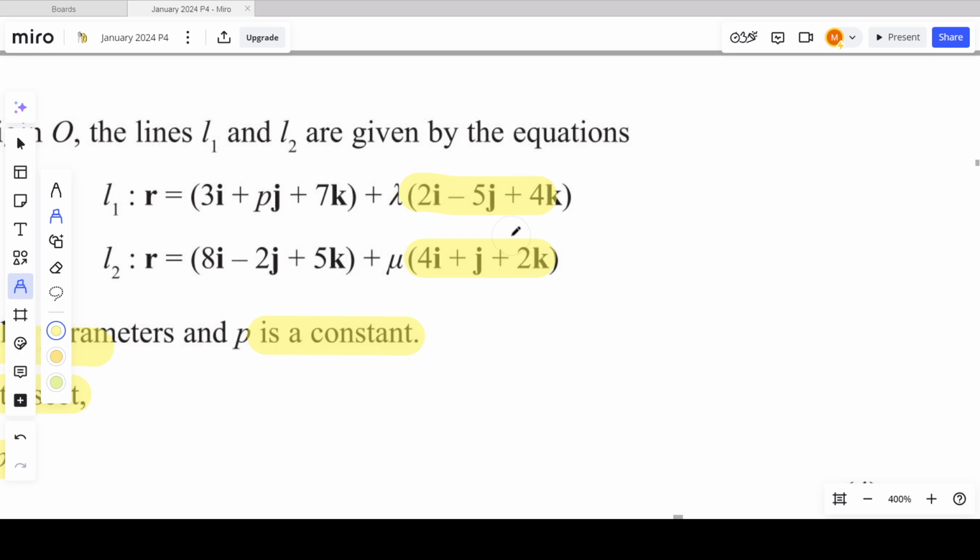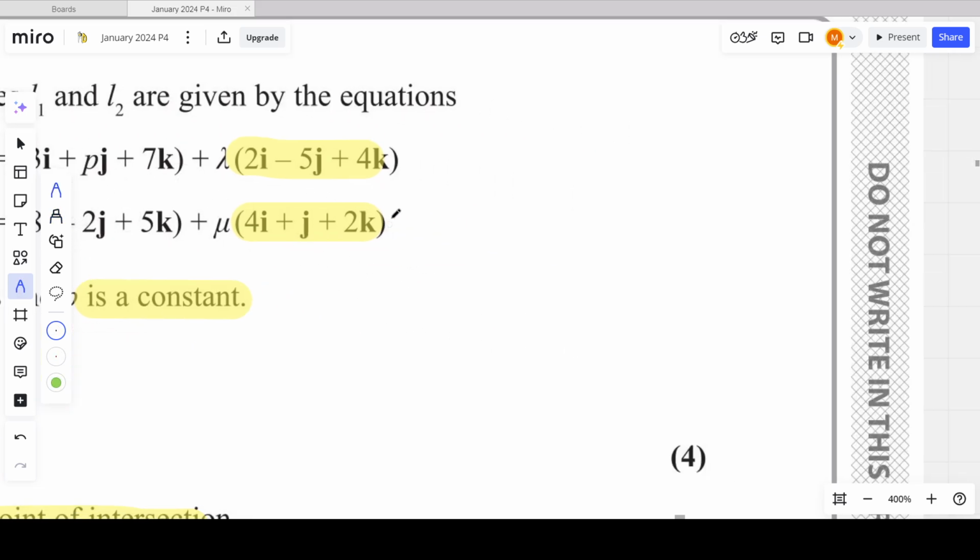So since they are parallel to that direction, we got their direction. So we will use these two parallel components of lines L1 and L2 to figure out the angle between them. Okay, so for finding the angles, what we basically do, we consider what?